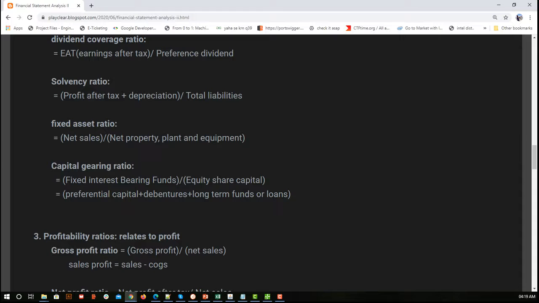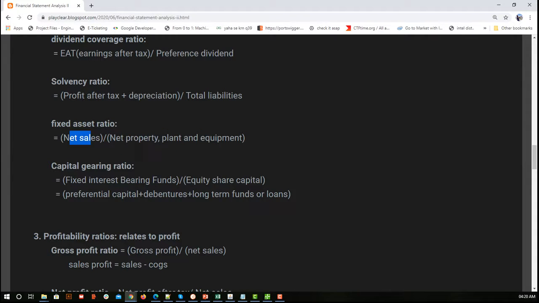But if the opposite happens, that is net property is in the numerator and net sales in the denominator, we need to focus on decreasing the ratio value. So that's how my interpretation goes: since net sales should be more compared to assets, the ratio should increase. So I can say that if the fixed asset ratio is more, it is good. If it is less, it is bad. And the interpretation will be the efficiency with which an organization is using its assets to generate the sales.